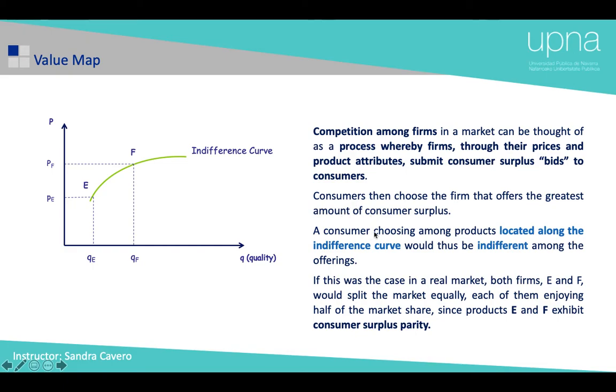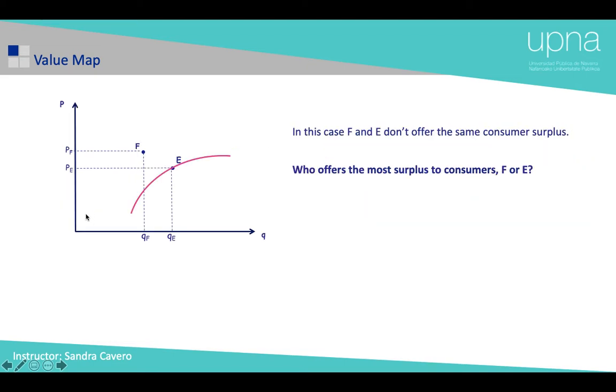A consumer choosing among products located along the indifference curve, which would be the case here for F and E, would be indifferent among these two offerings. If this was the case in a real market, both firms E and F would split the market equally, each firm enjoying half of the market share, since products E and F exhibit consumer surplus parity. They align along the same indifference curve. Okay, this is clear, I think.